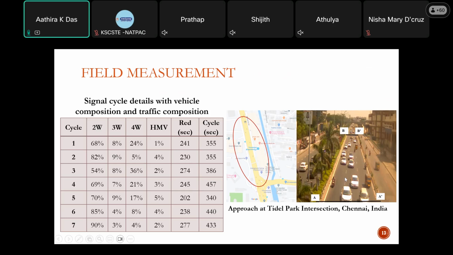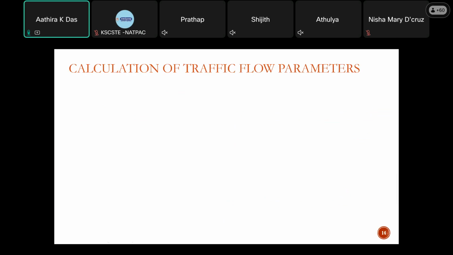And when the traffic signal turns green again, the vehicles begin to leave the stop line AA dash, and a Q relieving wave will be formed. So based on these Q relieving waves formed in this section, the flow parameters that are required in the link cost function can be measured.